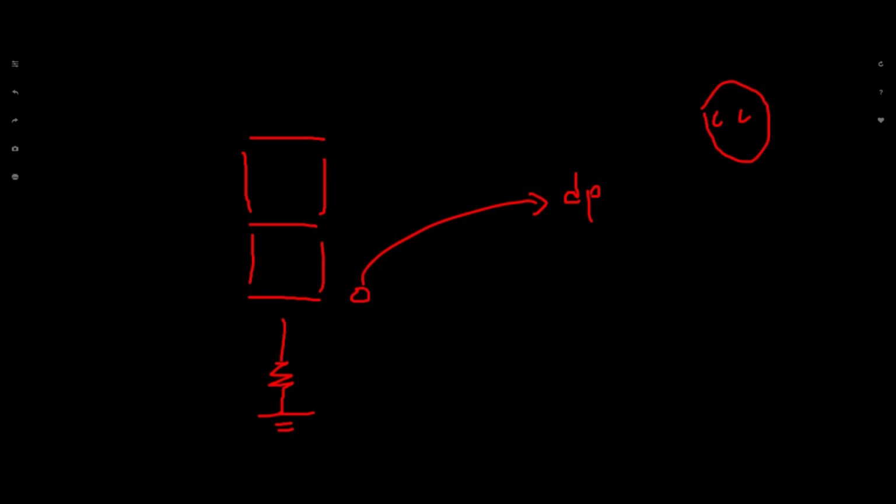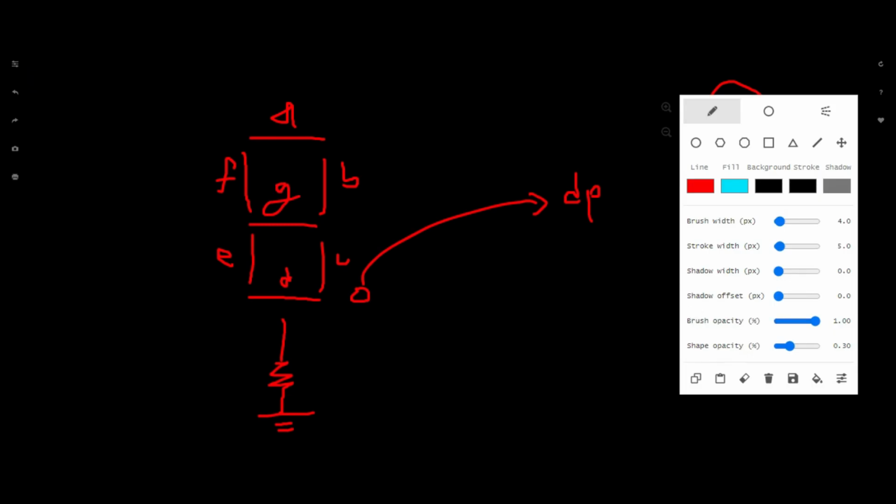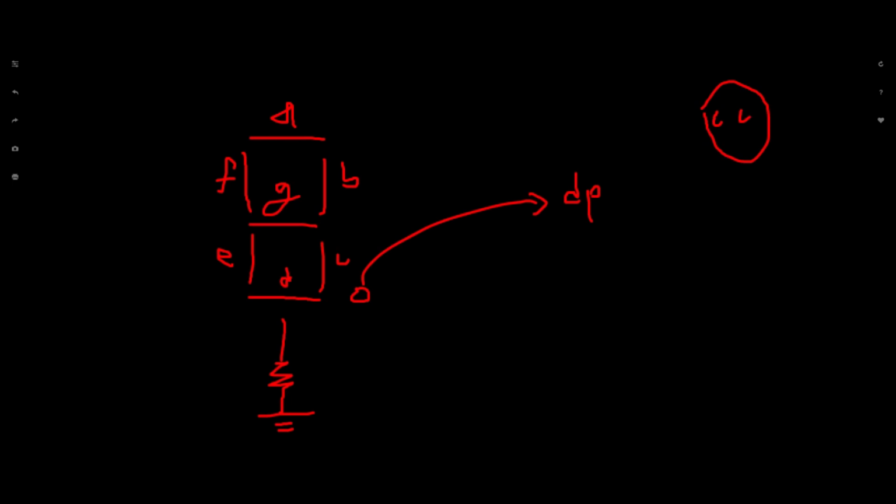Okay. Now let's say I want to display 1 on the 7 segment display. So this is A, this is B, this is C, D, E, F, and G. Now, my task is to show number 1 on the 7 segment display.